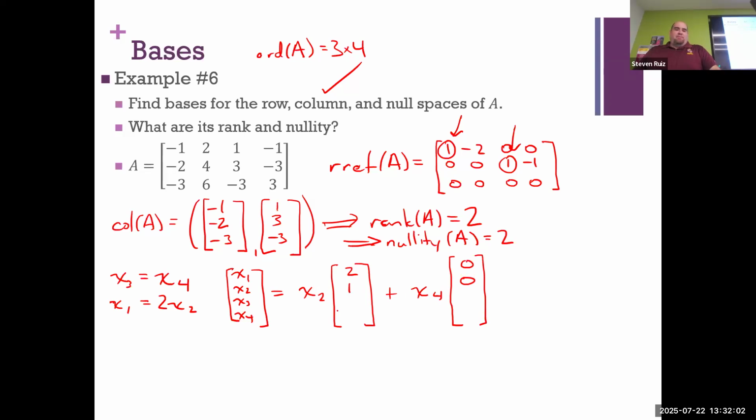What about x3? It equals no x2s and 1 x4. And x4, no x2s, 1 x4. So our null space of A is going to be what vectors? Whatever we multiplied by these parameters: 2, 1, 0, 0 and 0, 0, 1, 1.